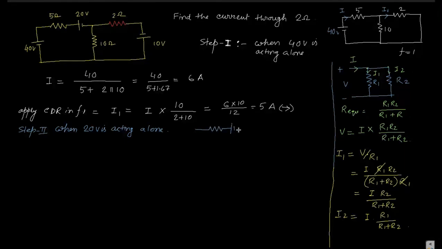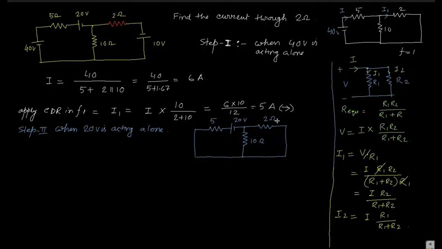the 20 volt, here 2 ohm, here this 10 volt is short circuited, here the 40 volt is short circuited, here it is the 20 volt, 5 ohm, this is 10 ohm, and this is 2 ohm.